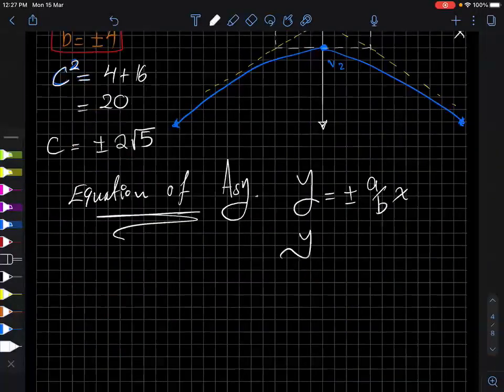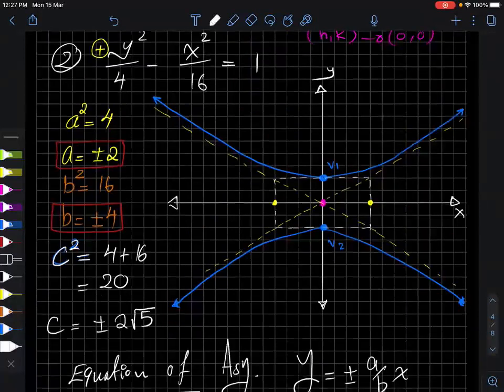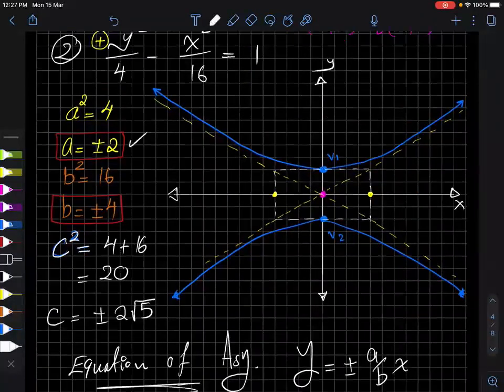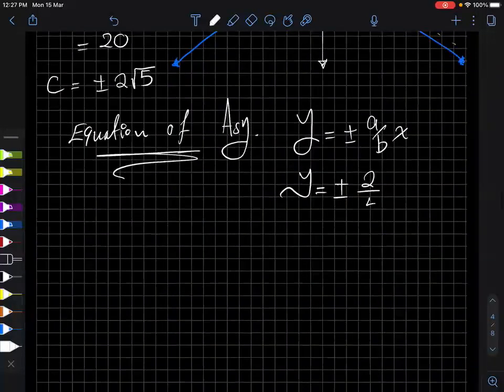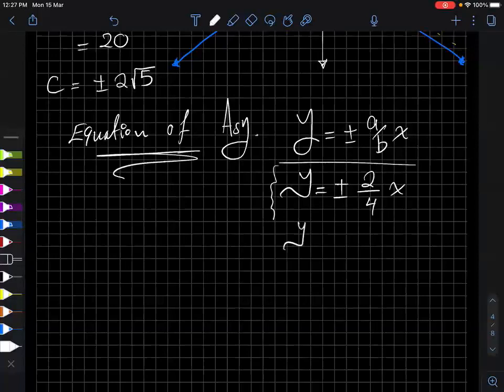So y equals 2 over 4 x, which equals half. Yes, or you can write it as plus minus half x in simplest form.